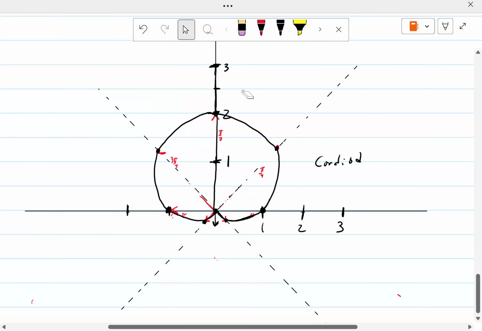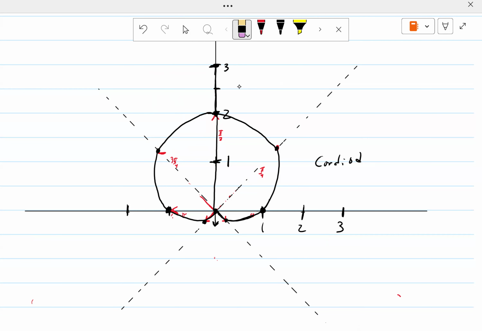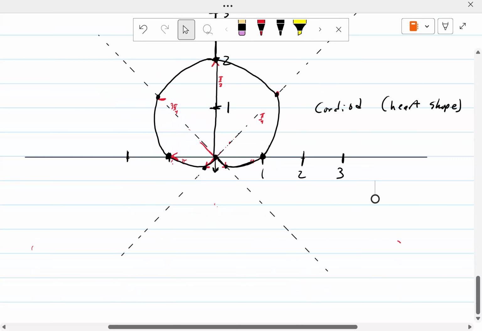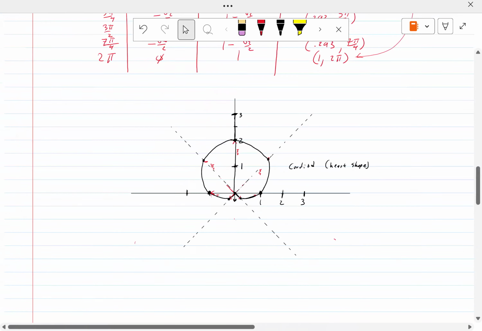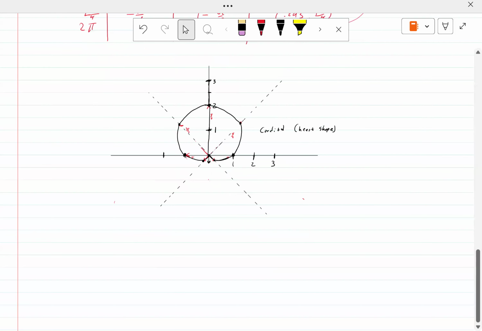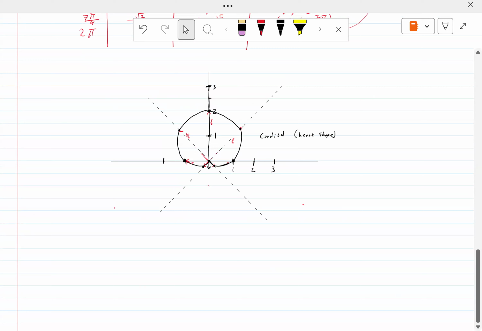Now, cardioid, heart shape. So, the cardioid or the heart shape, kind of looks like that.